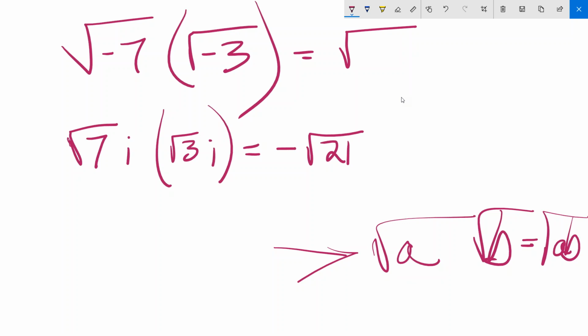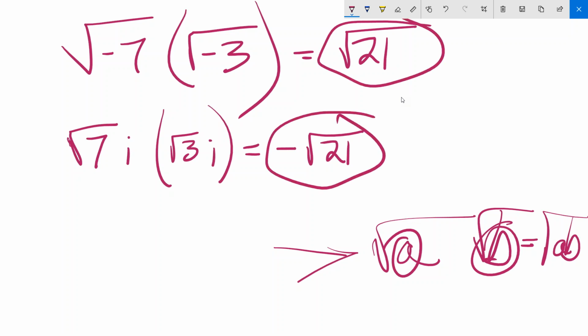Just multiply the A times the B. So that's just 21. Right. That's not the same answer as that. So when you do it the old-fashioned way, you don't get the right answer. When you have an imaginary number, you need to convert it to the imaginary number immediately. Otherwise, it gives you a different answer.